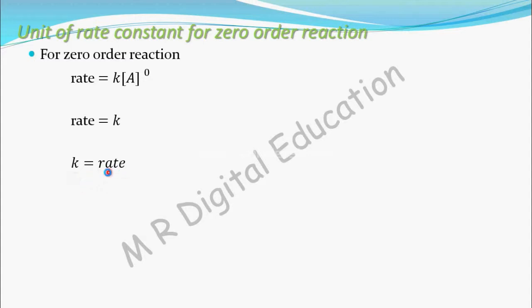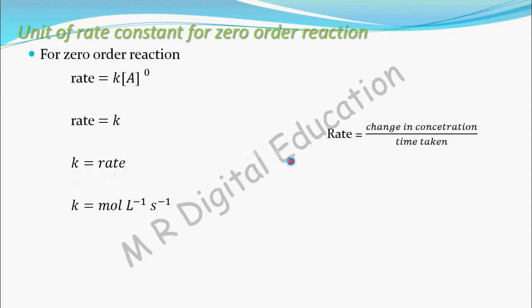Now whatever the unit of rate is, that will also be the unit of rate constant. Let's try to find the unit of rate. You know that rate is nothing but change in concentration divided by time taken.